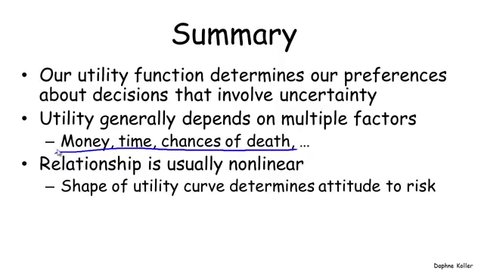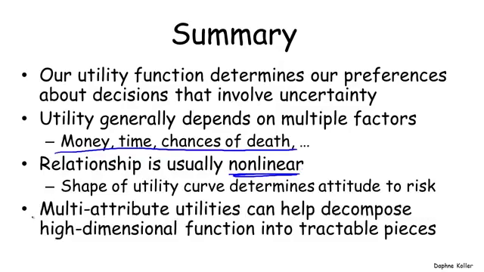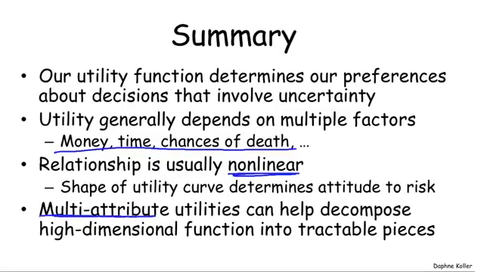In most cases, the relationship between these different factors, between, say, money and the utility, or micromorts and the utility, is usually a nonlinear one, and the shape of the utility curve determines one's attitude towards risk. Finally, the actual utility function is usually a multi-attribute utility that integrates all of these different factors, and it often helps to decompose this utility function into tractable pieces, often as a sum of these pieces, which allows us to make this elicitation problem much more manageable.